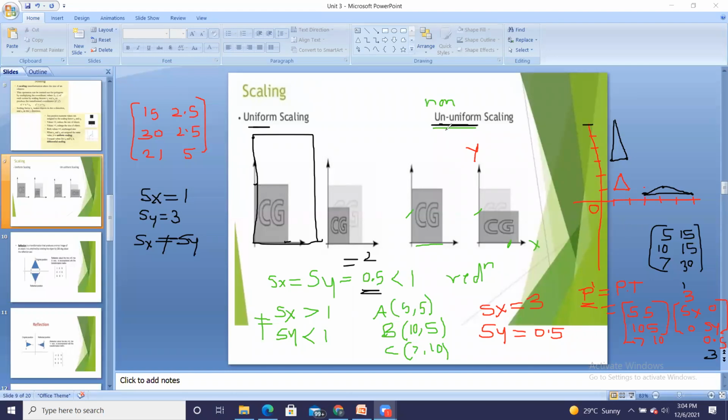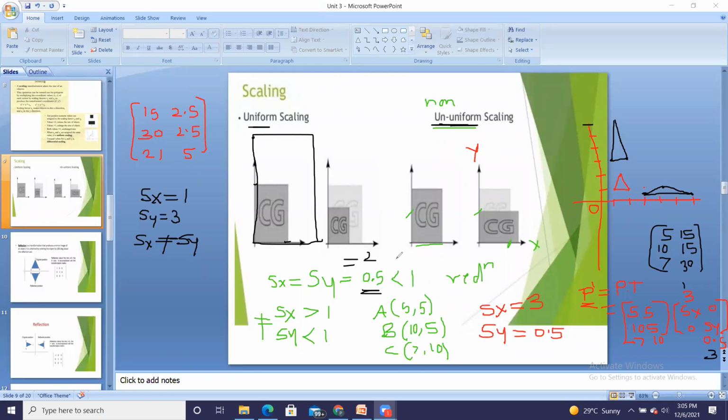Explain, ma'am, once again. Okay. So, all of you are getting the meaning of scaling? Is there any difficulty in the scaling? Okay. So, all of you have understood what is scaling.